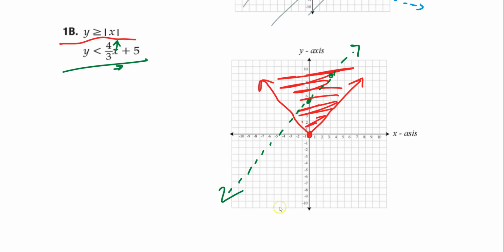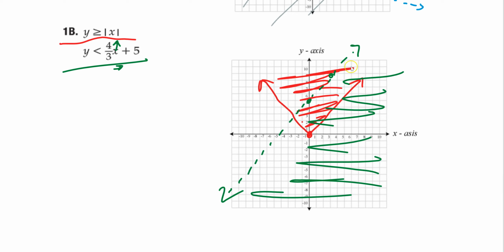So below this will be all this stuff here, including this part. So my answer, again where both shade, I'll highlight this time. That looks disgusting, but that's the answer. So again, just graph both, shade both, and where they both shade is your answer.